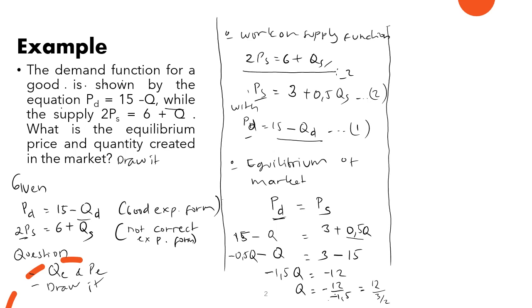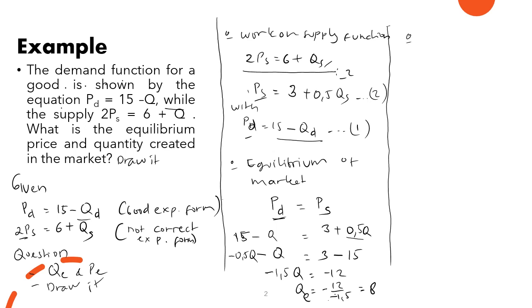Minus over minus is plus, right? So now this is 4 times 2, which is 8. So Q becomes 8, and I give an E over here because this is the equilibrium.